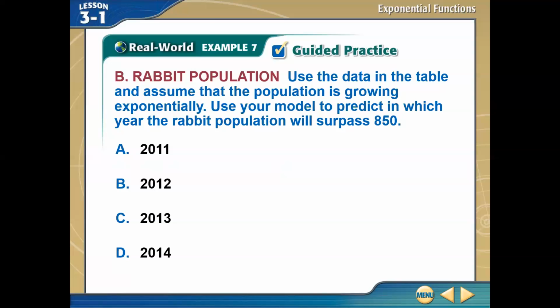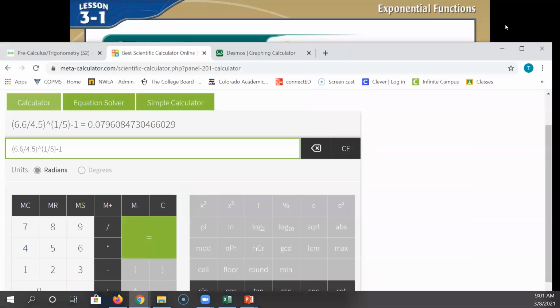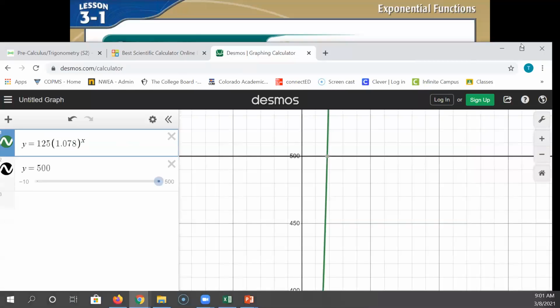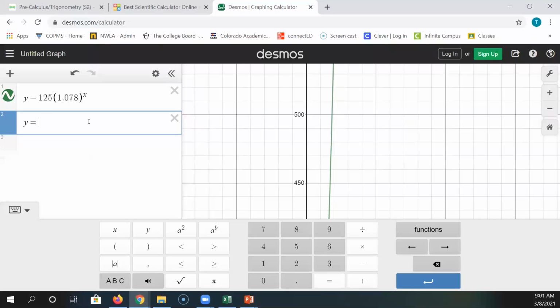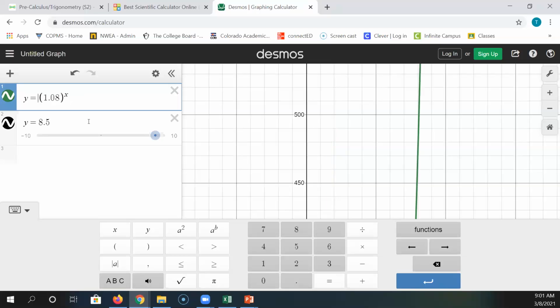So I'm going to go to Desmos again. Hopefully I won't butcher it this time. Change this to y equals 8.5. Change around my equation. That's 1.08. That's 4.5.